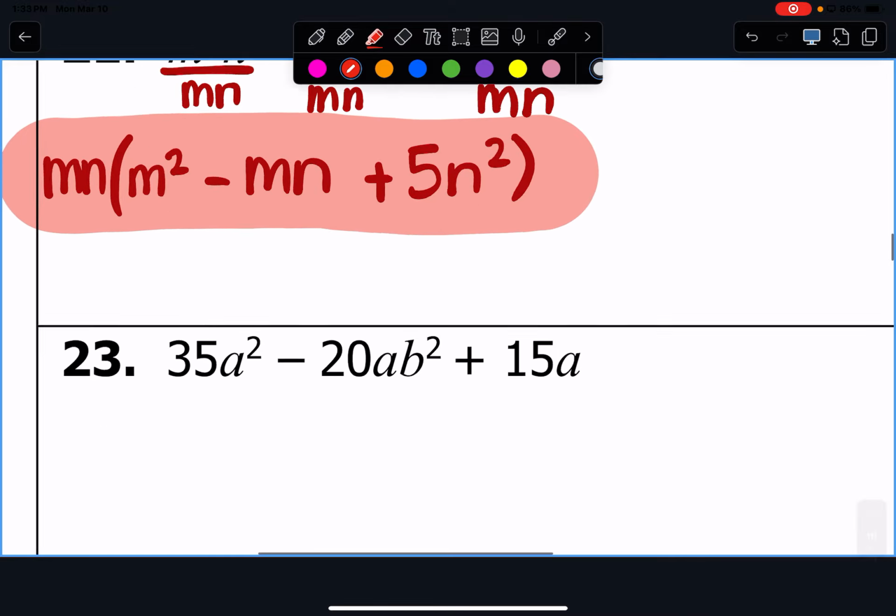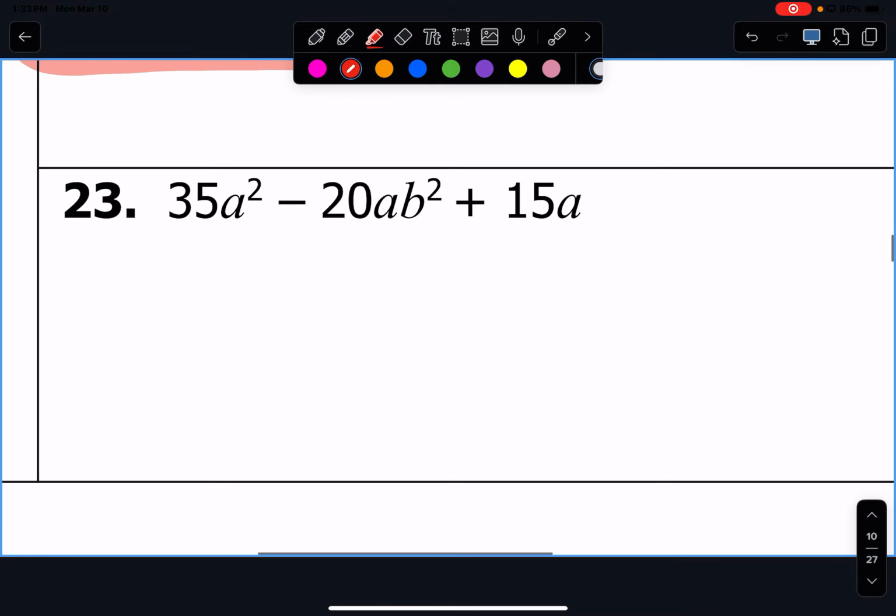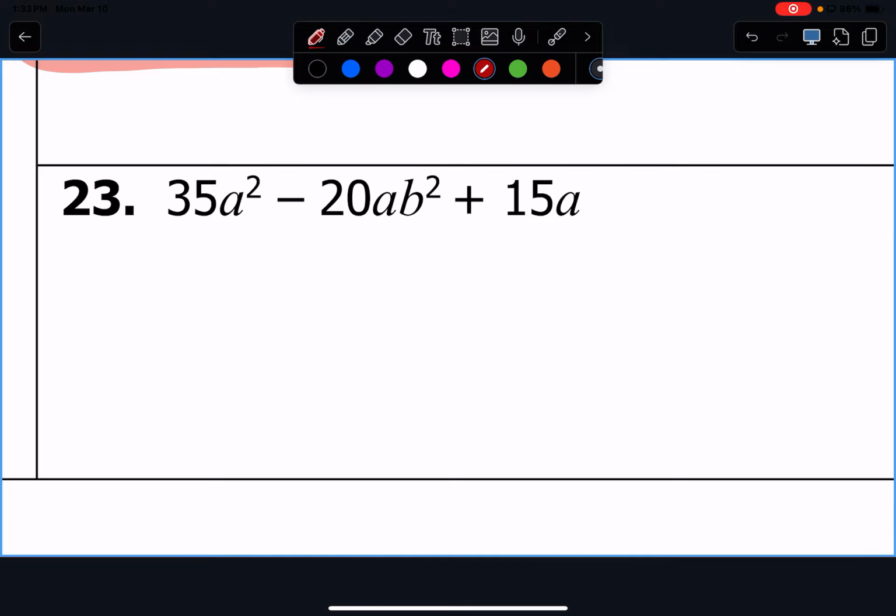All right, for number 23. The GCF is 5a. Why is it not a squared? Because the smallest one is a. So we're limited by whatever our smallest one is.